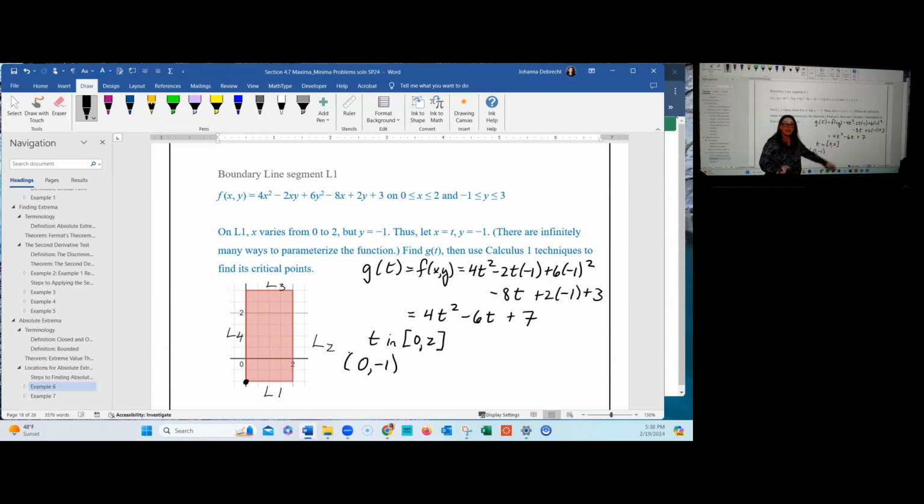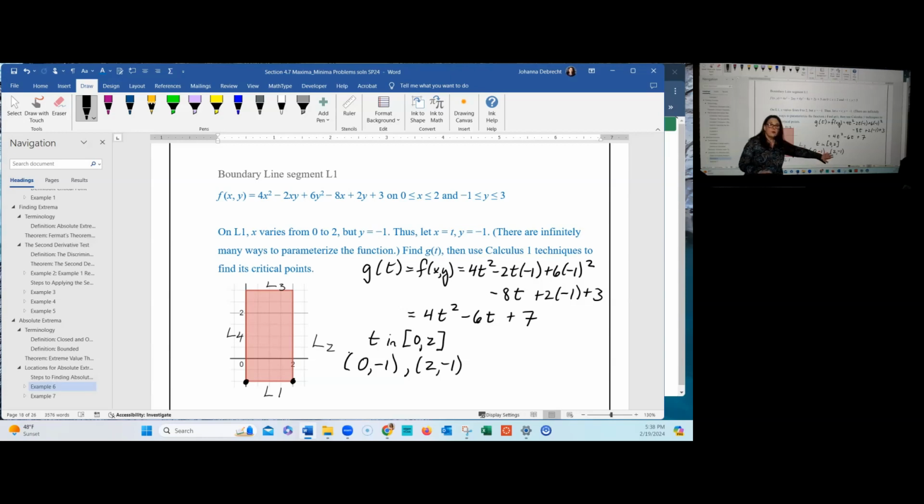If I check the right endpoint where x is 2, y is again -1, which is giving me a corner. But that should make sense to you from Calculus 1, because in Calculus 1, corners are places where the first derivative doesn't exist. I would need to check it anyway.